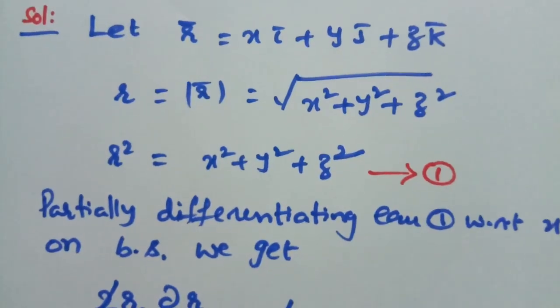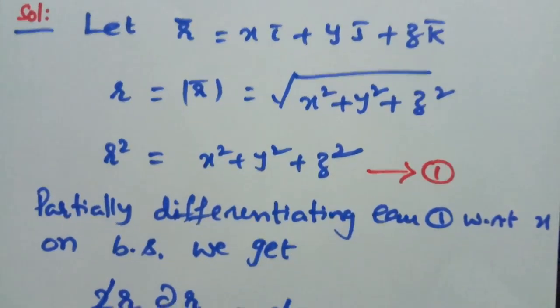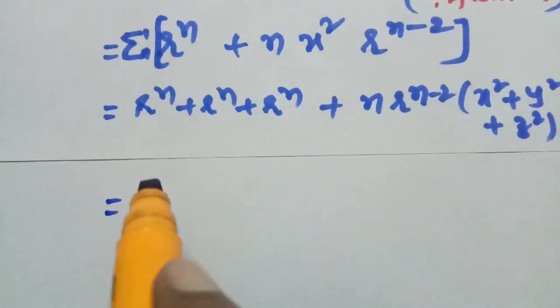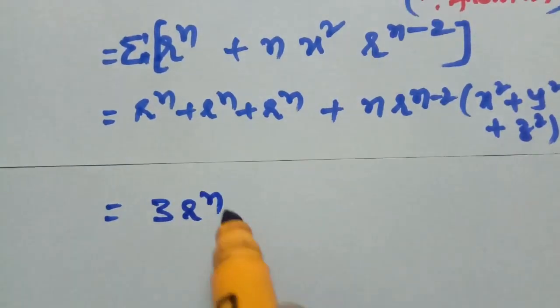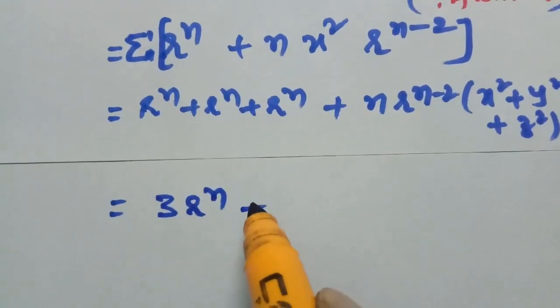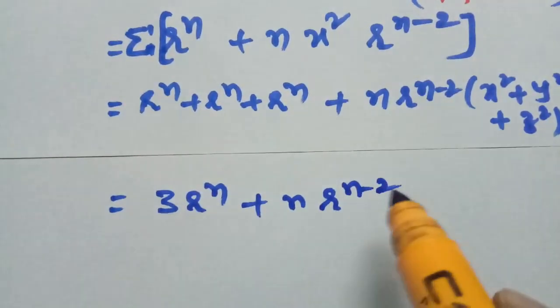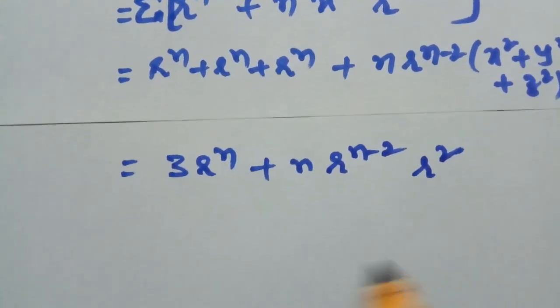From equation number 1, r square is equal to x square plus y square plus z square. This is equal to r power n plus r power n plus r power n, 3 into r power n, plus n into r power n minus 2 into r square, from equation number 1.